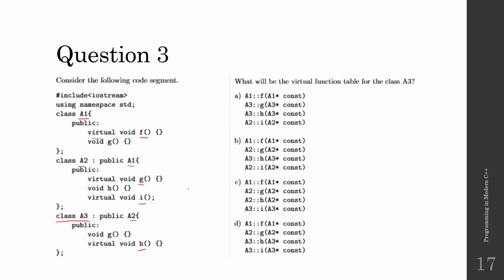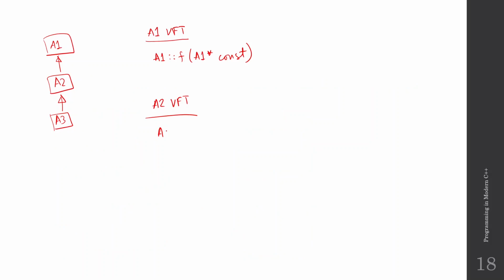Now for the f function, A2 has not overridden f, so in the VFT, f will still point to A1's function.